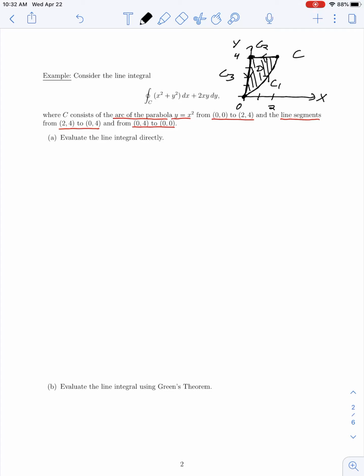So to evaluate the line integral using our formula for line integrals, we need to find parametric equations for each of these curves. So let's start by saying parametric equations for the curves are given by C1.